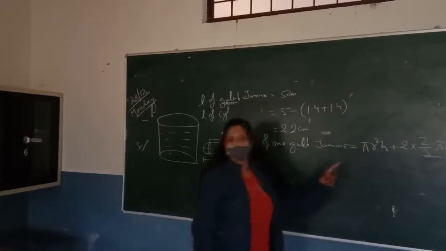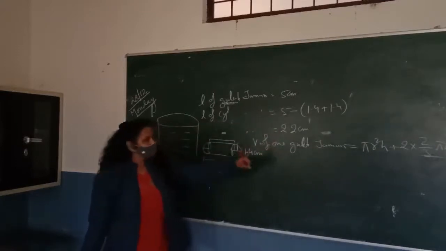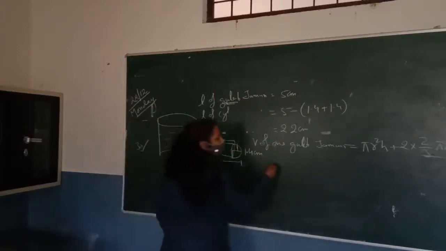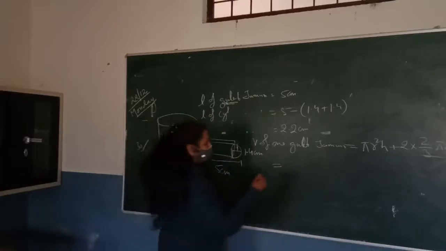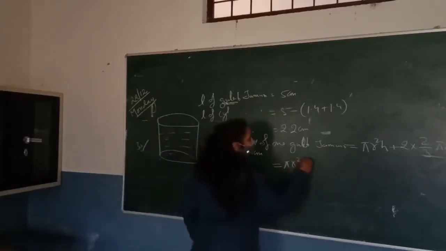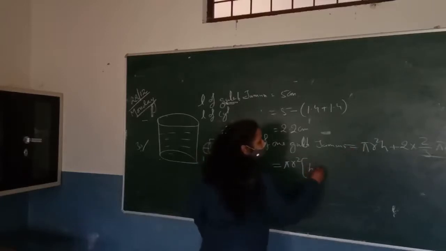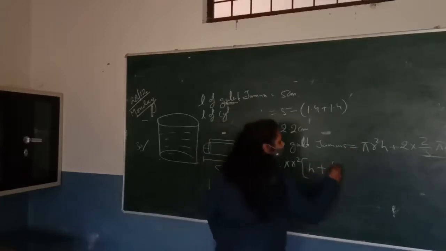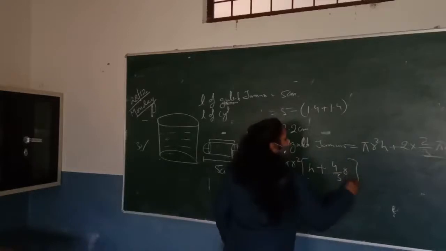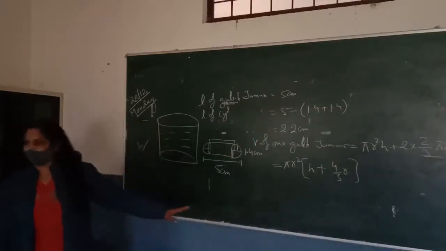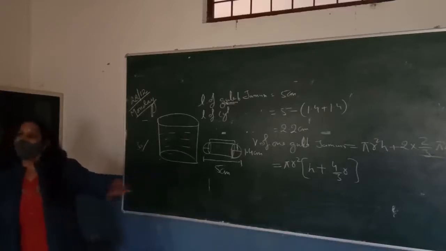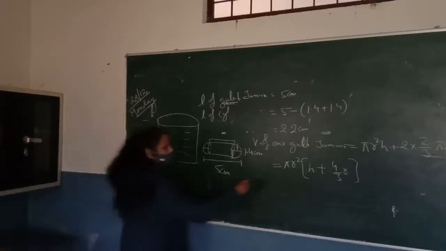This is the volume of two hemispheres plus cylinder. So we can take pi r square as common: pi r square, here will be h, plus 4 upon 3 r. Now we can put the values of height and the radius and can find the volume of one gulab jamun. Please do this. Complete it.